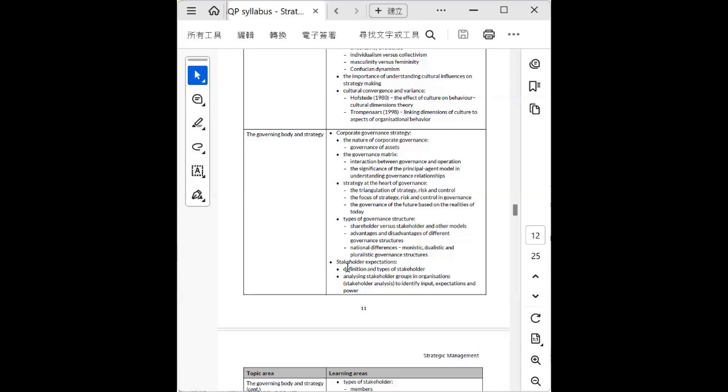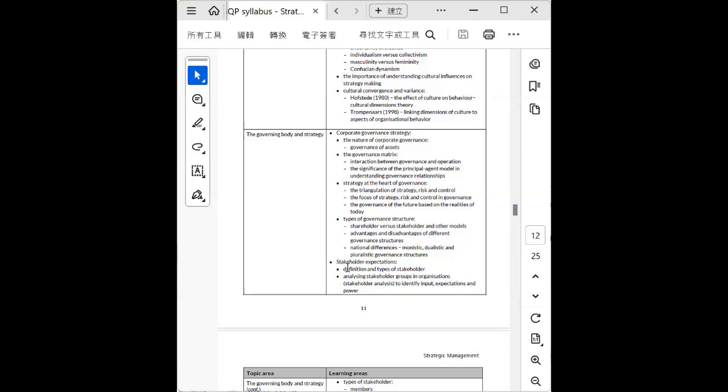So strategy should be the heart of governance. It emphasizes the triangulation of strategy, risk, and control. It focuses on the integration of governance practices. The triangulation of strategy, risk, and control discusses the interconnectedness of strategic planning, risk management, and control mechanisms in governance.